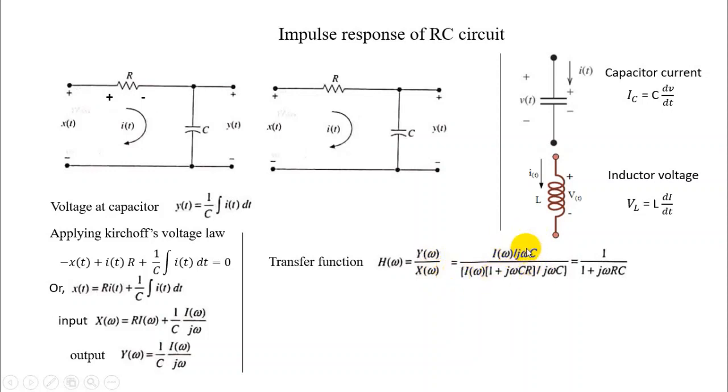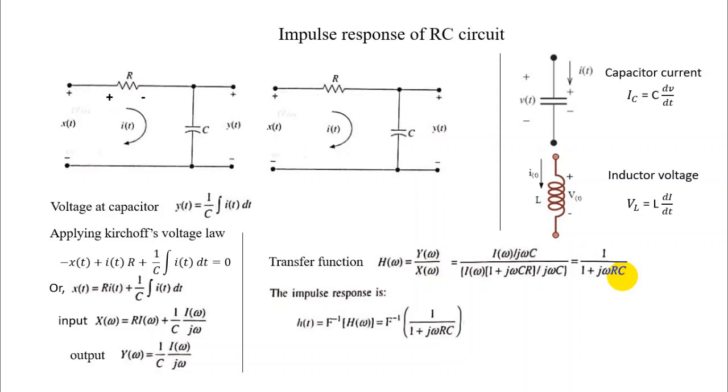So this is the input, and the output is given here. Taking the Fourier transform, we get Y(omega). To have the transfer function, we take the ratio of output and input. Inserting these terms instead of Y(omega) and X(omega), and after calculating, we will get 1 divided by 1 plus j omega RC.